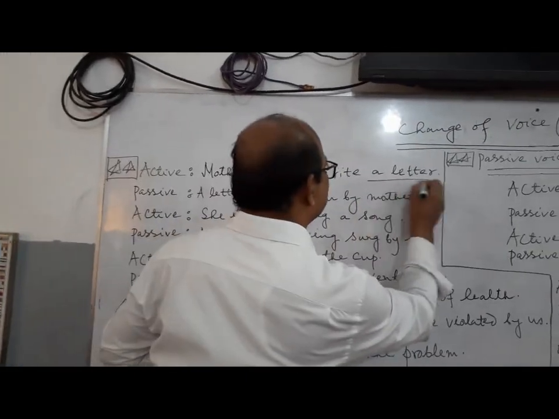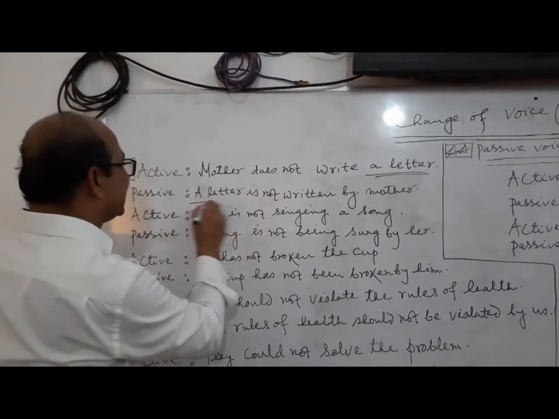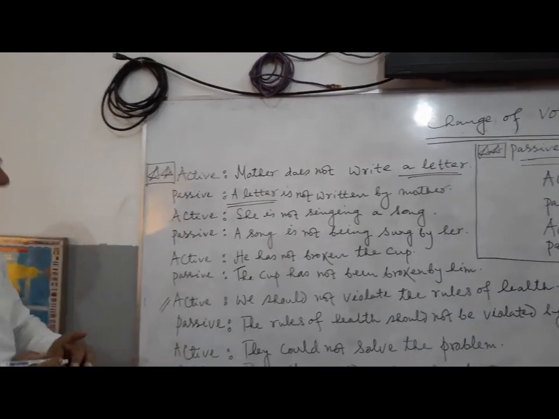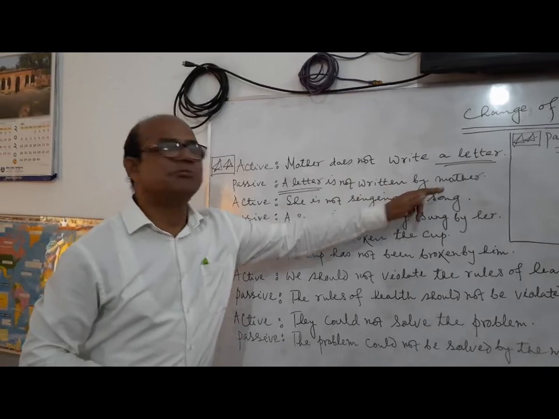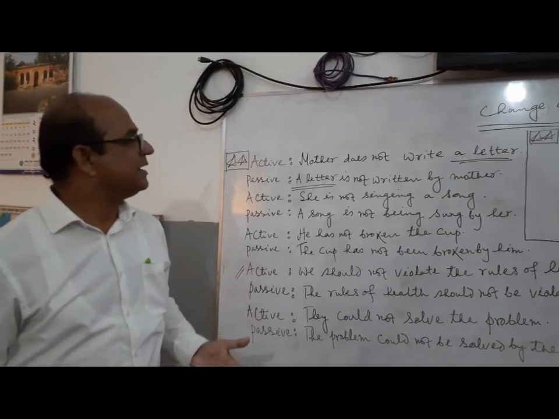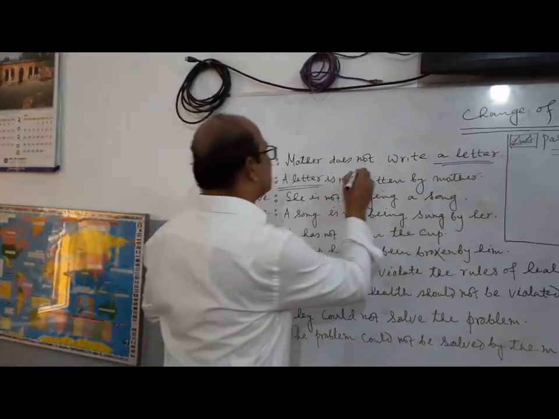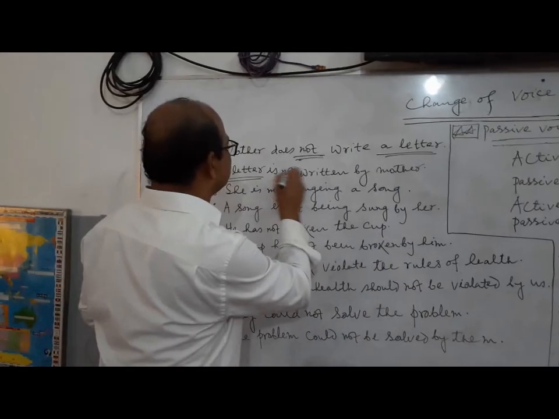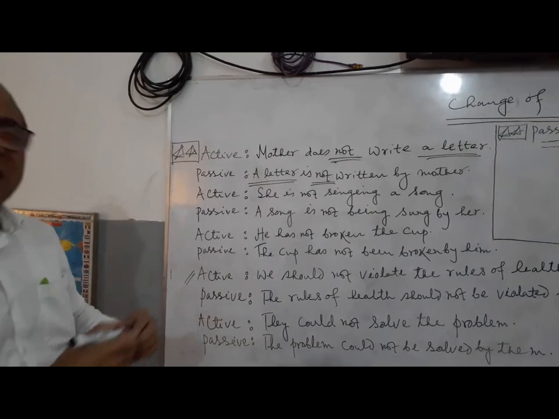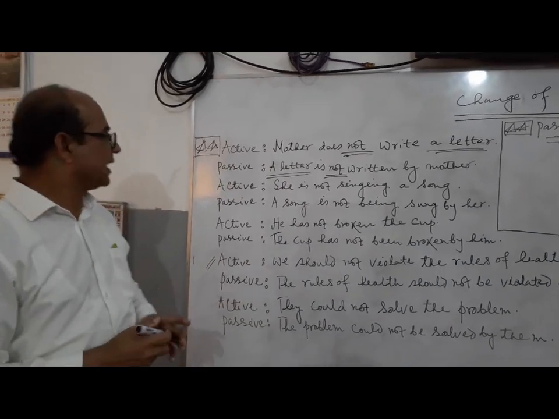Here, a letter is the object which I have used as our subject. A letter is not written by mother. What have I written? I only used not. I have written the not after the auxiliary verb.